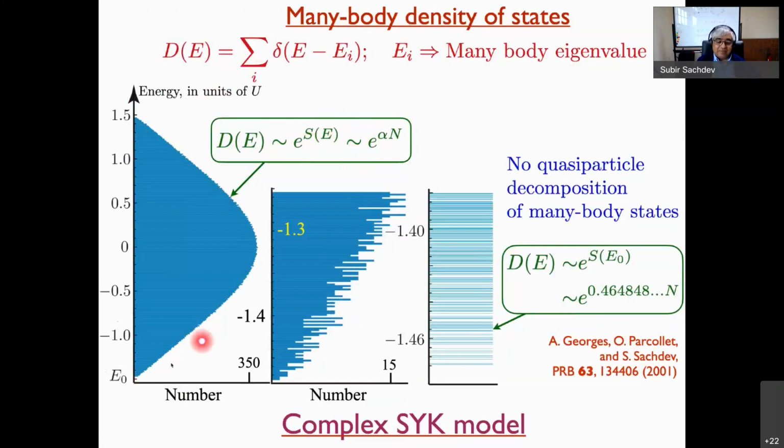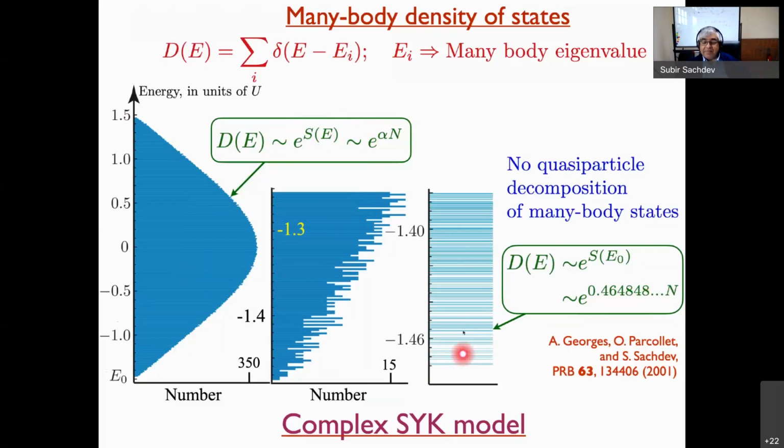But if you go near the bottom of the band, it's much more dense. And in fact, as we showed a long time ago, it's exponential down to energies of order 1 over n of the ground state. And in fact, this number is universal, and you can compute it, although I won't describe how that's done.